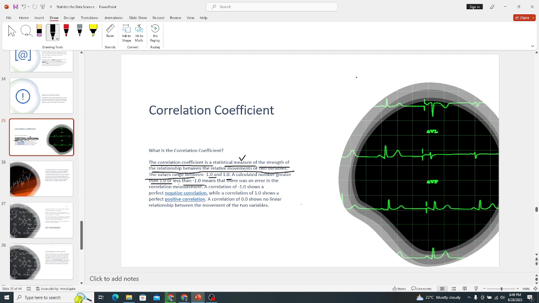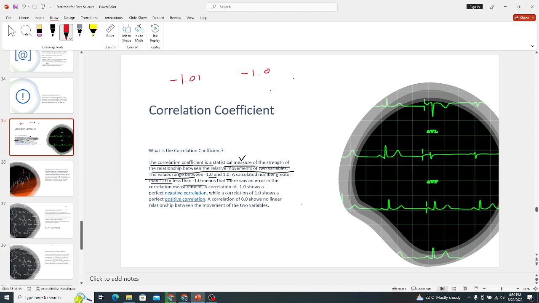So correlation cannot be any value greater than 1.0, for example 1.1. In short, it can't be greater than 1. And we've also said that it can't be less than -1.0.